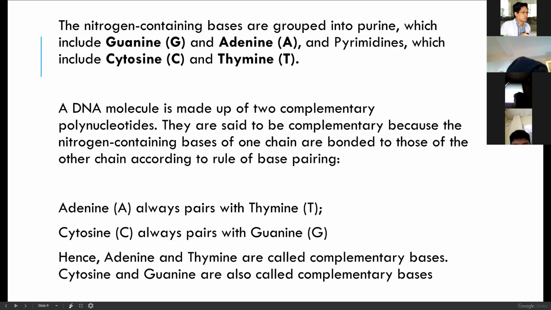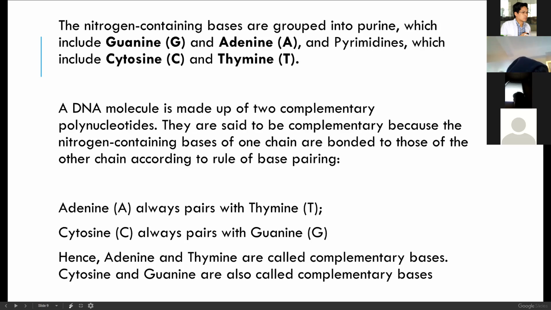We already know the complementary bases, right? DNA molecules are made up of two complementary polynucleotides. They are complementary because the nitrogenous bases of one chain are bonded to those of the other chain according to the rule of base pairing.